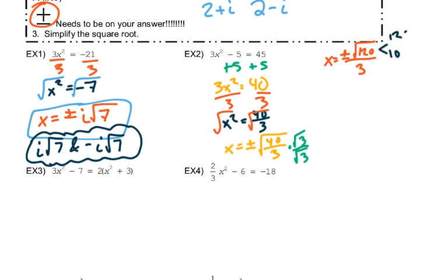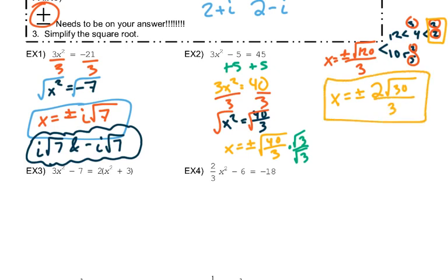That's a 12 and a 10, 3 and 4, 2 and 5, 2 and 2. So all these are prime numbers, and I look for pairs. I see a pair of 2's, so that tells me we'll get a plus or minus 2 on the outside, square root of 3 times 2 times 5, which is 30, over 3. And that is our final ridiculous answer.